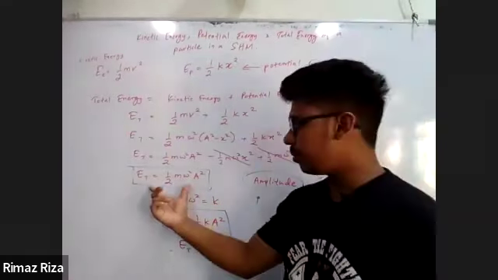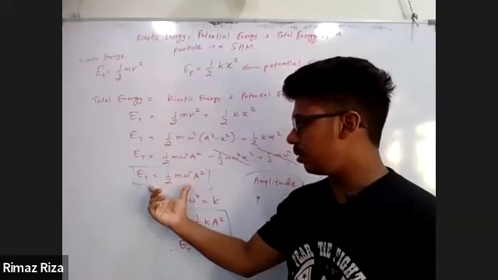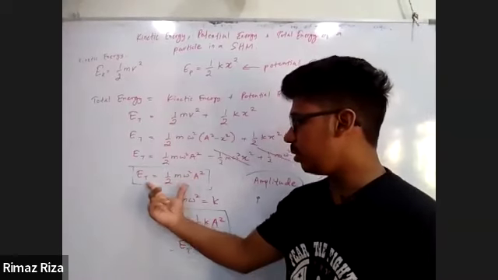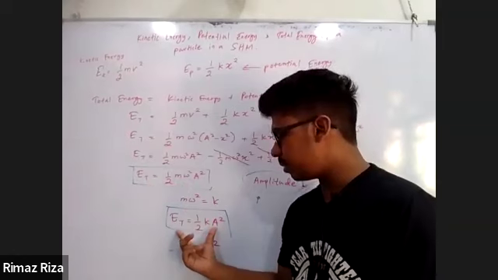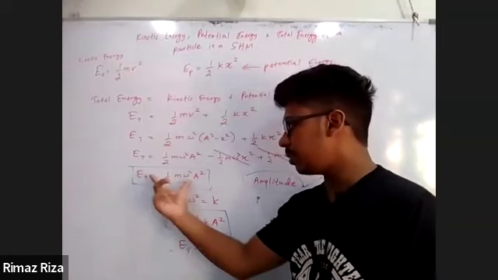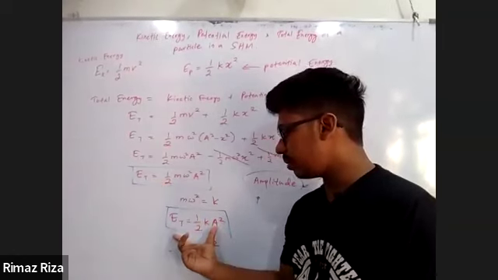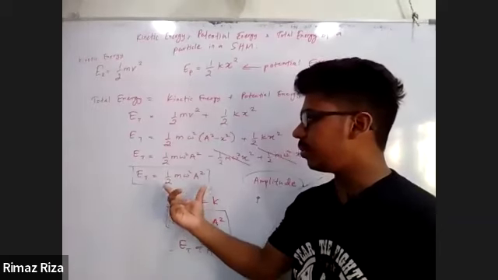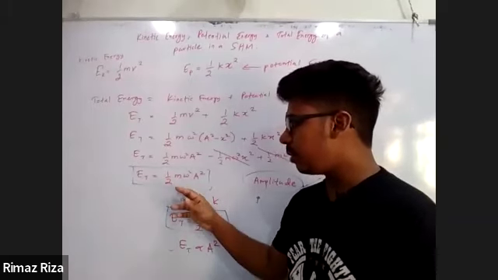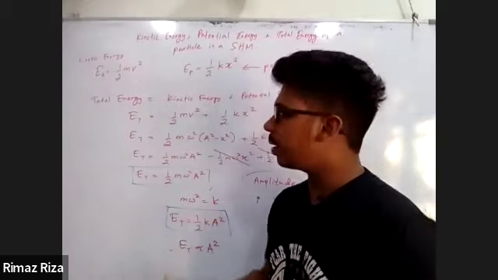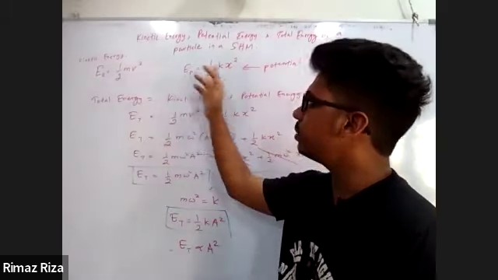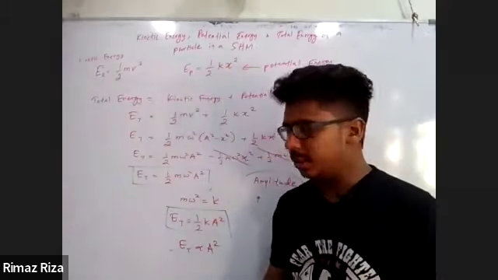This is the maximum kinetic energy, and this is the maximum potential energy. The maximum kinetic energy is equal to the maximum potential energy, and it is equal to the total energy. That will be clear once we draw the graph of kinetic energy, potential energy and total energy.